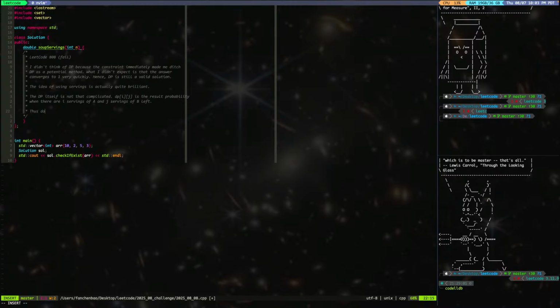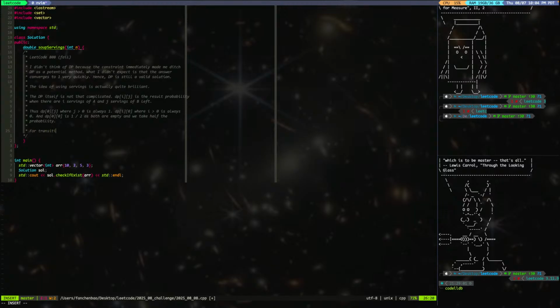Thus, dp[0][j], where j is larger than 0, is always 1. dp[i][0], where i is larger than 0, is always 0, and dp[0][0] is 1/2, as both are empty, and we take half the probability.